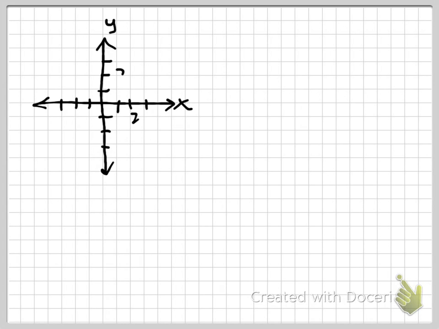So let's do 2 side by side that are very similar to each other with one subtle difference, and it will change my domain and range. So x, y, 1, 2, 3, 1, 2, 3, 2, 3. So 2, 2, negative 2, negative 2.